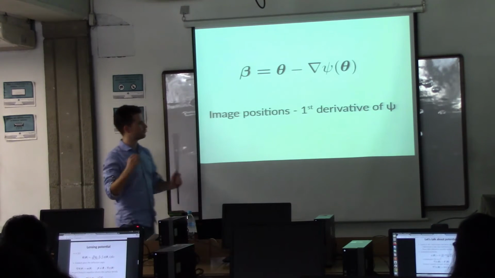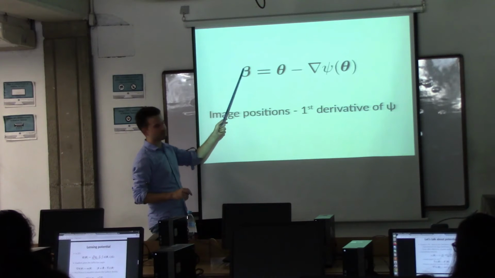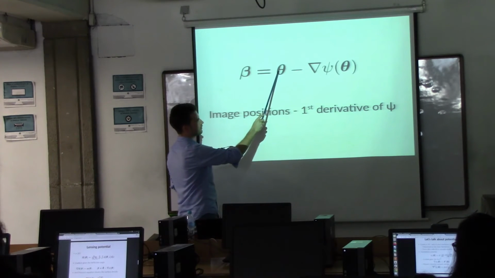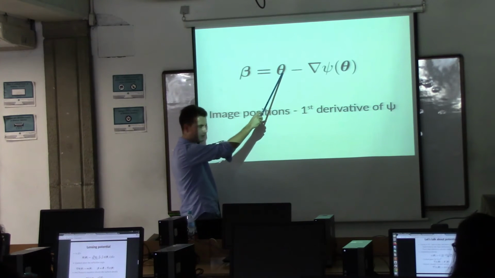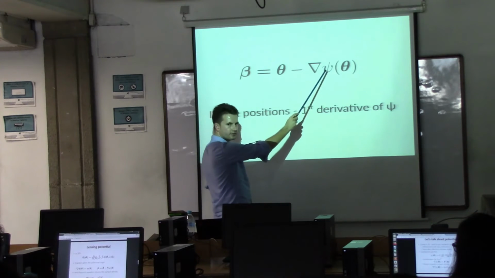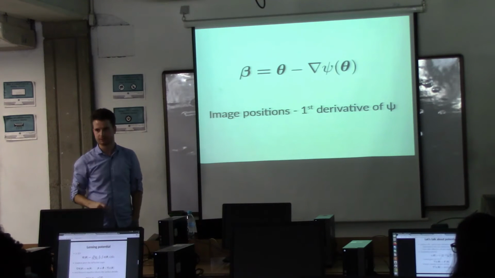But what I would just briefly try to stress is that the image positions here, which are this theta. So this is the source position, you can't change that. Here you have theta. These are the image positions we are interested in. And they depend on the gradient of the potential, basically depend on its first derivative.